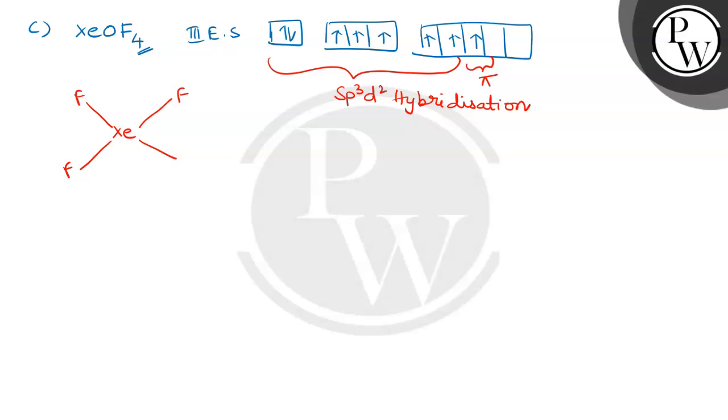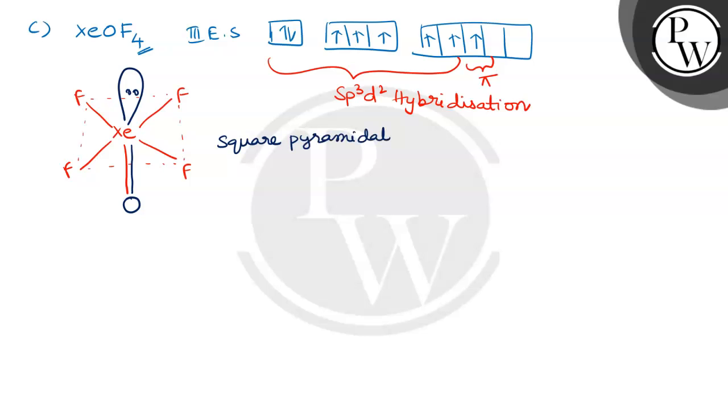And this is just like a square, right? Square. And here oxygen with 1 sigma bond and 1 pi bond. That pi bond is formed by the d orbital of xenon. And this xenon has a lone pair of electrons in an sp3d2 hybrid orbital. Now what is its shape? Its shape is called square pyramidal.